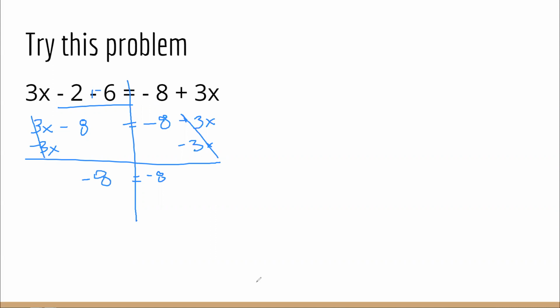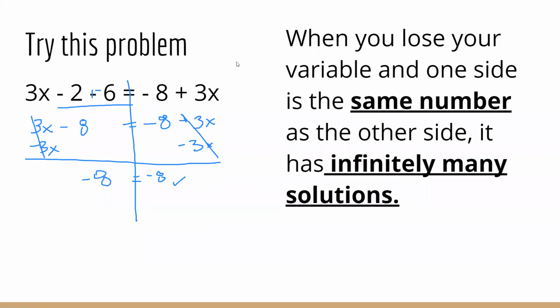Now I don't have any variable at all. But I do have that negative 8 equals negative 8. I know that's a true statement, so what does that mean for me? When you lose your variable, and one side is the same number as the other side, so what we have right here, we can say that it has infinitely many solutions because any number I put in for x is going to work.